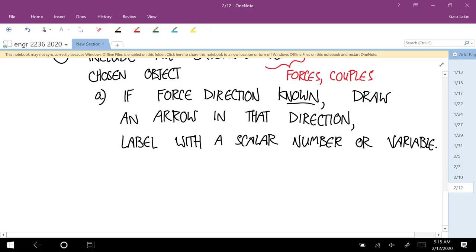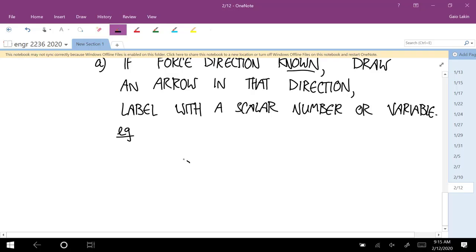So for example, if you're drawing a free body diagram of a car, okay, there's the closed outline. And then if a force is being applied, it's this way. You draw the arrow in the direction that it's known. And then the variable associated with it is just the number. It's not a vector. Okay.